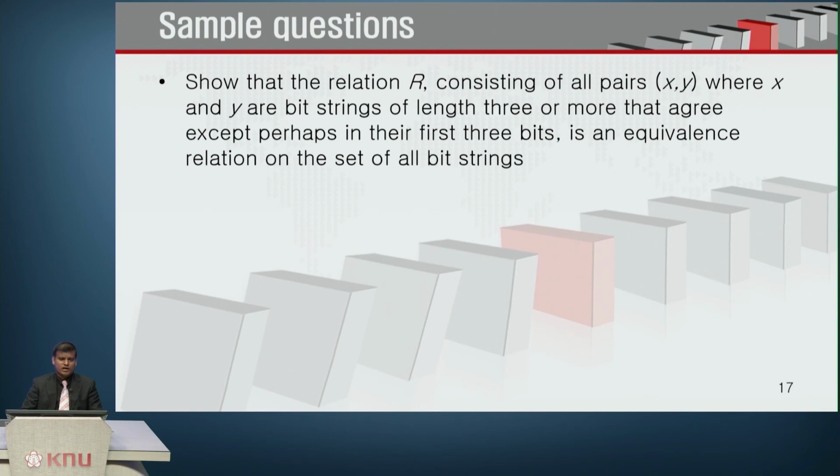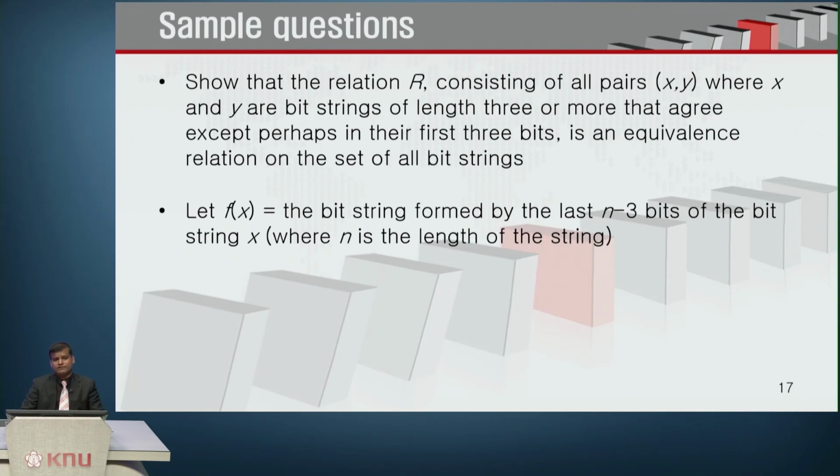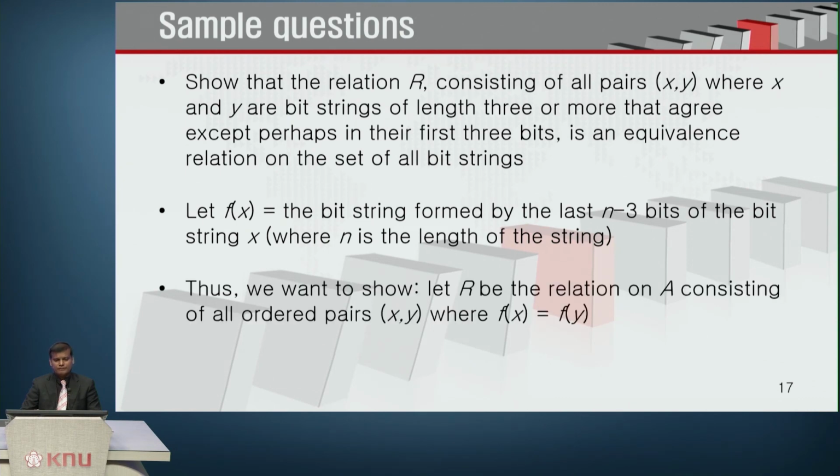Again, we have to show that a relation R consisting of all pairs x, y, where x and y are bit strings of length 3 or more that agree except perhaps in their first 3 bits, is an equivalence relation on the set of all bit strings. Say for example that f of x equals the bit string formed by the last n minus 3 bits of string x, where n is the length of the string.